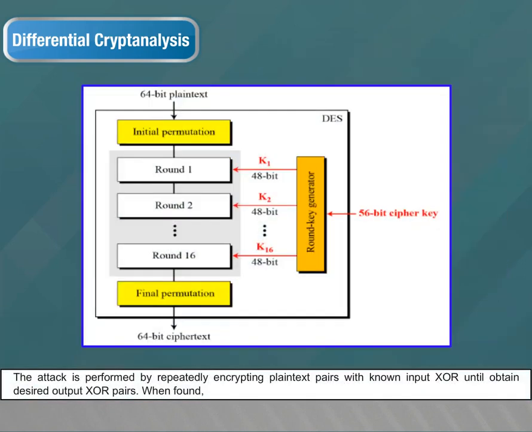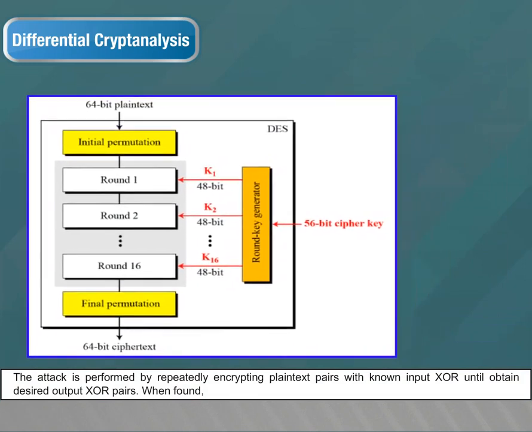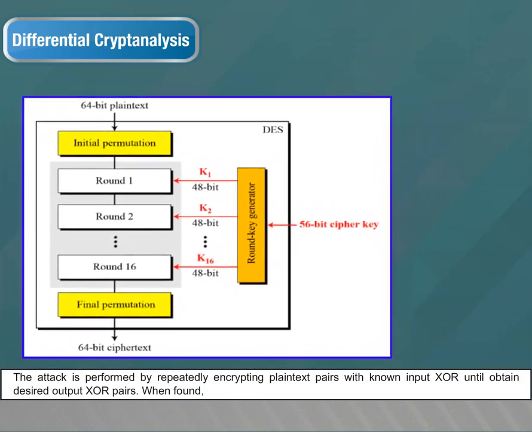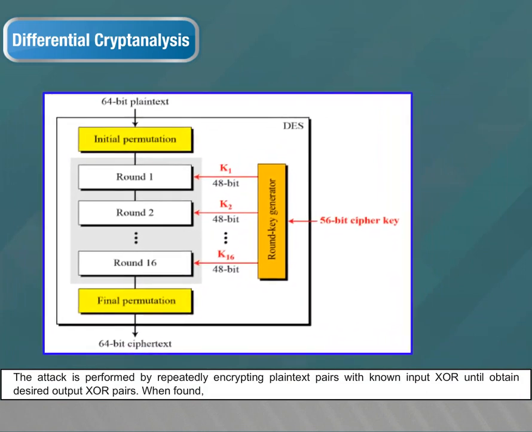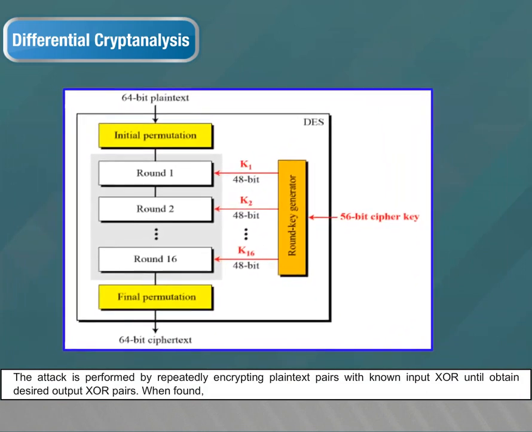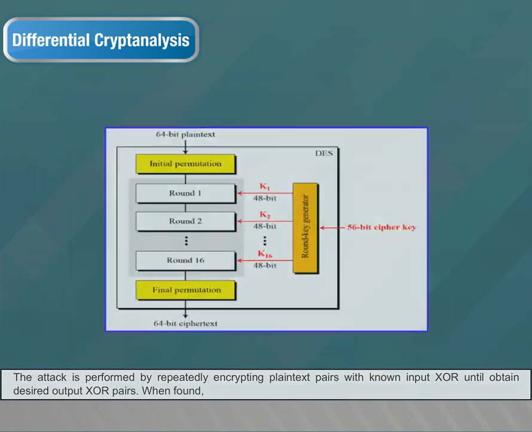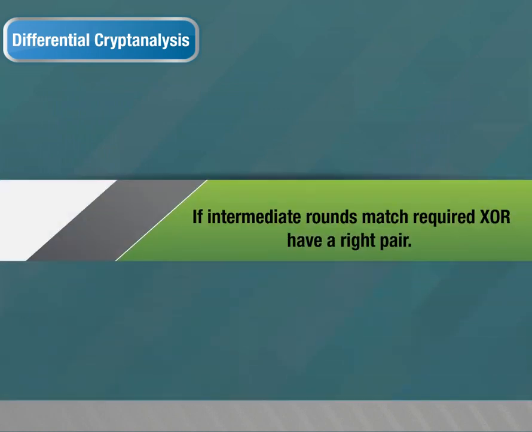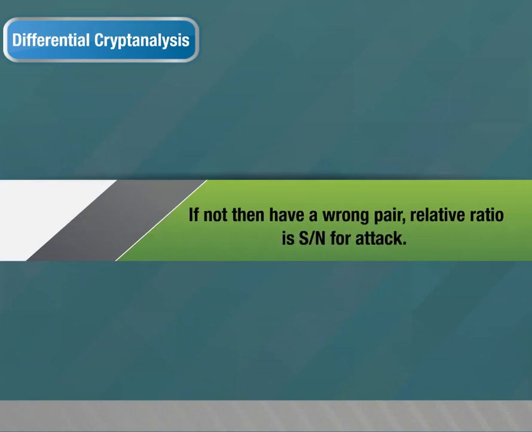The attack is performed by repeatedly encrypting plaintext pairs with known input XOR until obtaining desired output XOR pairs. When found, if intermediate rounds match required XOR, have a right pair. If not, then have a wrong pair. Relative ratio is S by N for attack.